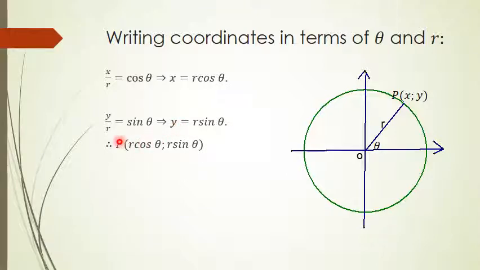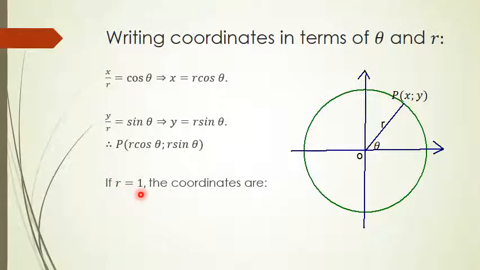Therefore, the coordinates of P can now be written as (r cos theta, r sin theta), since x is r cos theta and y is r sin theta, and the coordinates of P are (x, y).